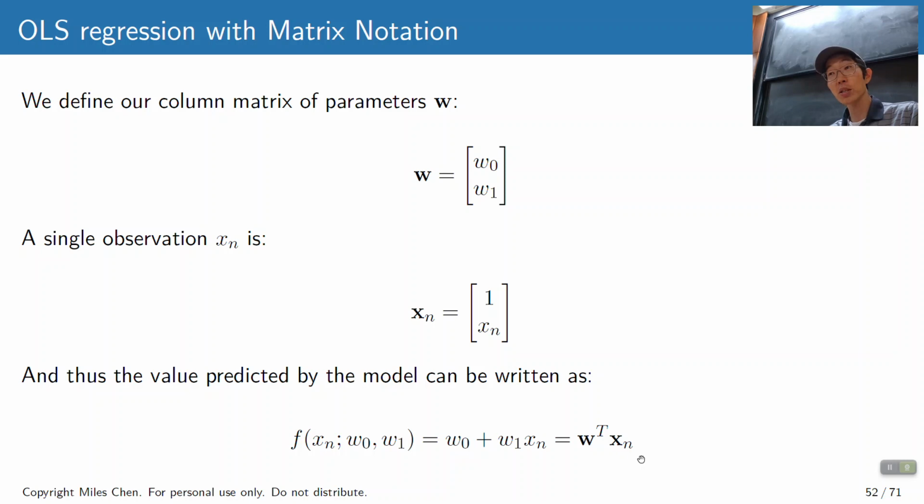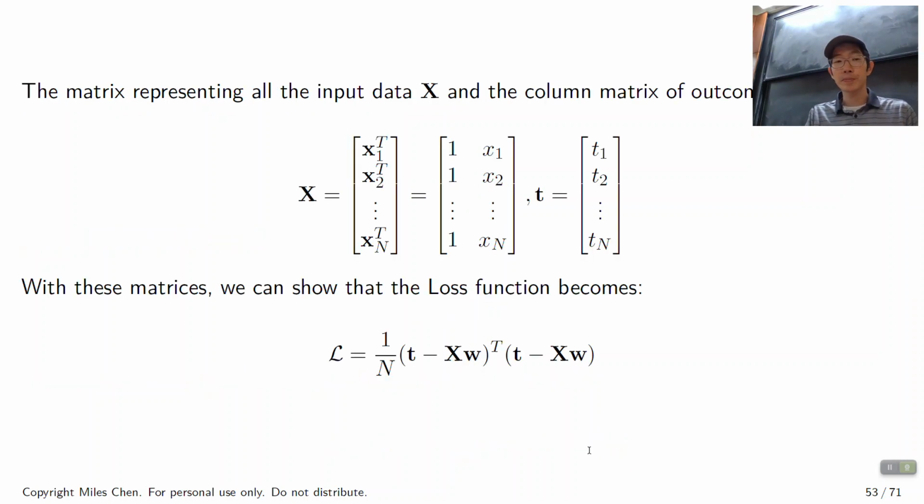So W transpose xn is going to be our predicted value. We transpose it, and we get a 1 by 2 multiplied by a 2 by 1, and we get a 1 by 1 scalar value. That's our predicted value here.